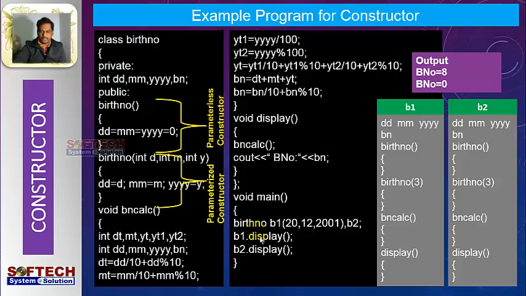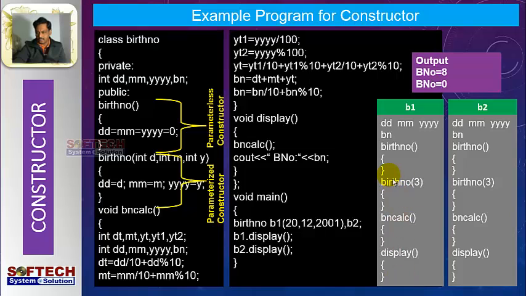At the creation of the b1 object, we pass 3 values. So after creation of the object, it automatically calls the 3 argument constructor function. This one is a 3 argument constructor function. For our identification, we just put 3 here, but in real terms all the definitions of birth number, dd, mm, yy are available with integer d, m, y. All the statements are available within this function.